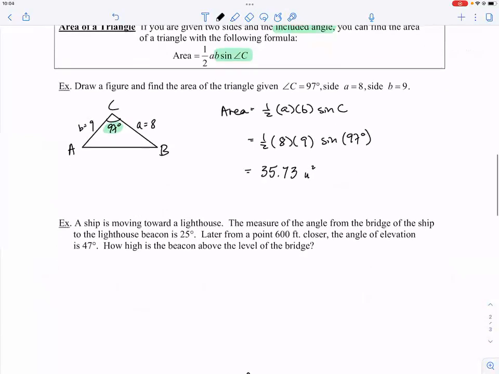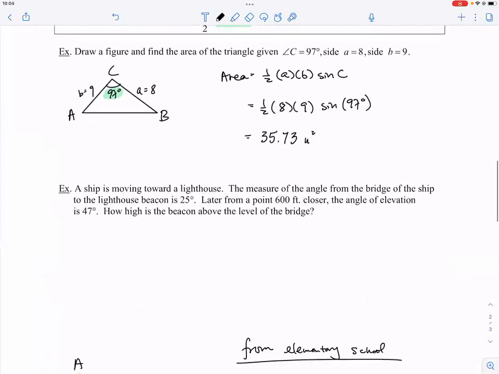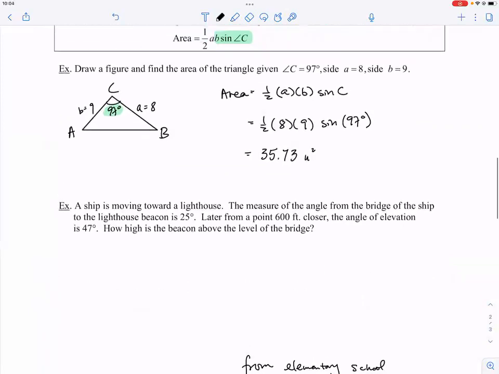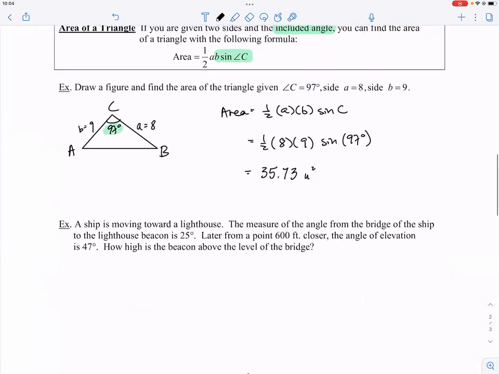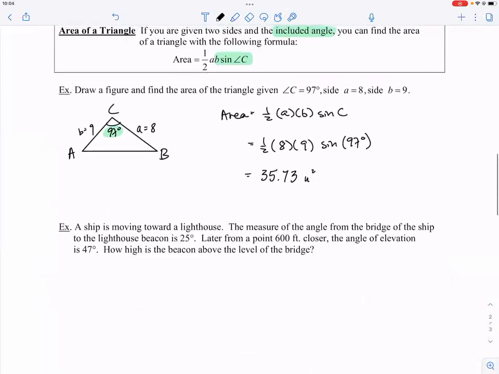All right, so now the next one. It says the ship is moving toward a lighthouse. The measure of the angle from the bridge of the ship to the lighthouse is 25 degrees. Let me draw a little lighthouse here.